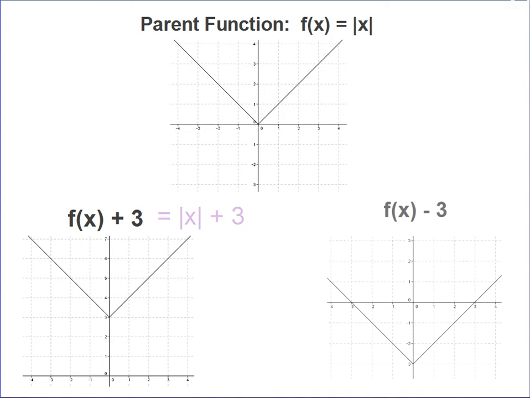What if we subtract 3 instead of add 3? In this case, again, looking from our parent function to our new transformed function, exactly the same shape and direction, but this time our graph has been shifted down 3 units.